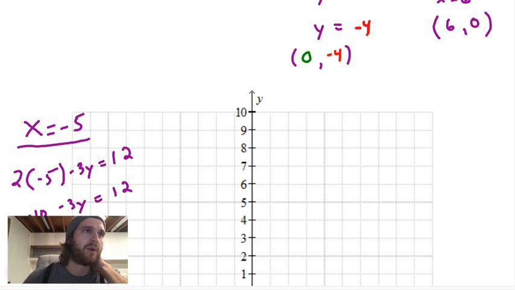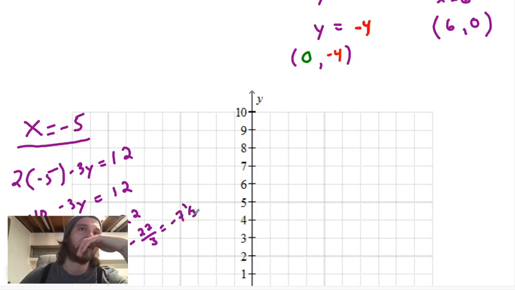I'm going to add 10 to both sides, which will give us minus 3y equals 22. Oh, interesting. Okay, so we divide both sides by negative 3, and you end up with negative 22 over 3. As a mixed number, that is negative 7 1/3.